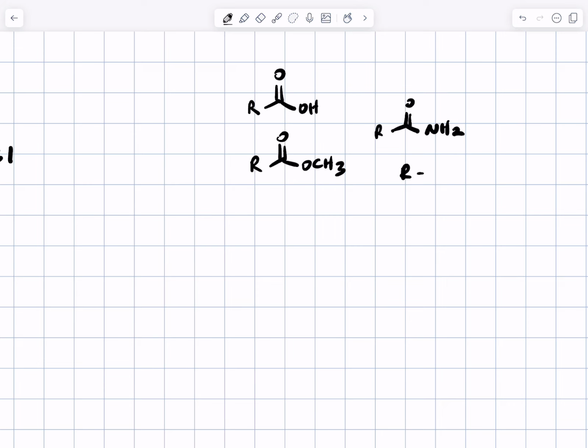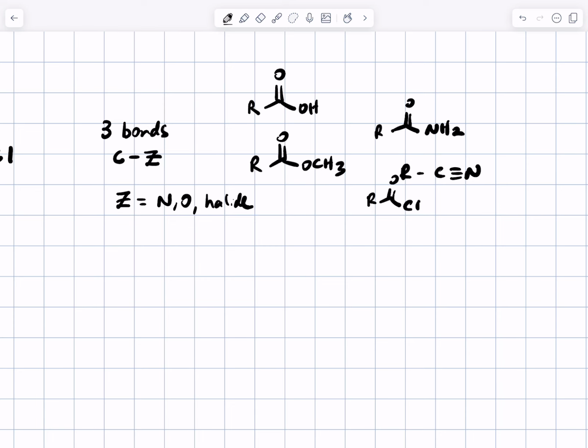What all of these functional groups have in common is that the functional group carbon has 3 bonds to some electronegative heteroatom, where Z is something more electronegative than carbon, like nitrogen, oxygen, halide, and so on.